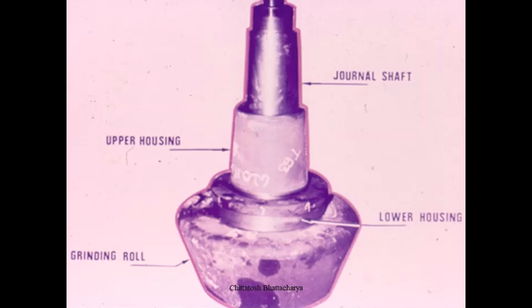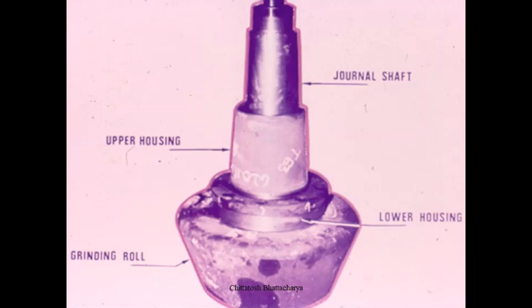The upper bearing is a double row tapered roller bearing, and the lower bearing is an angular contact roller bearing. Outside the lower journal, the grinding roll is fitted. It is shrink fitted with some interference fit.